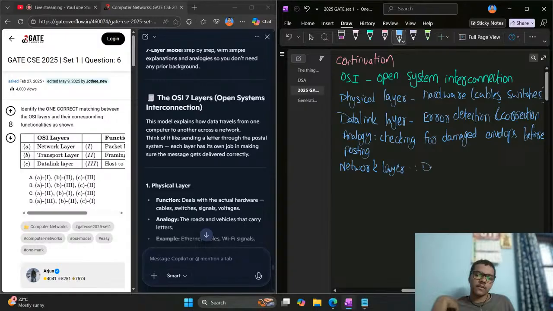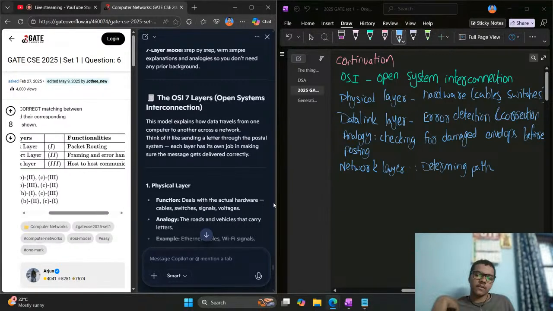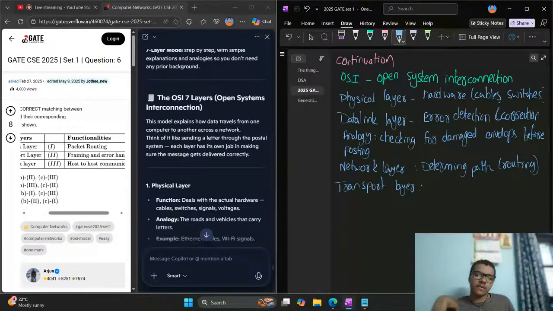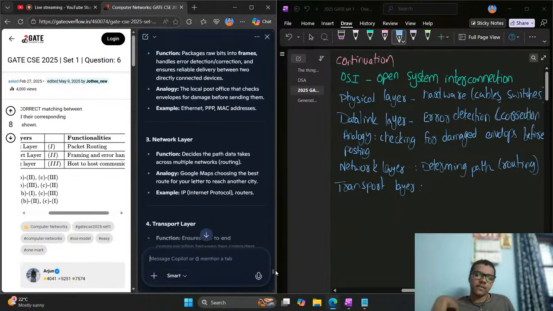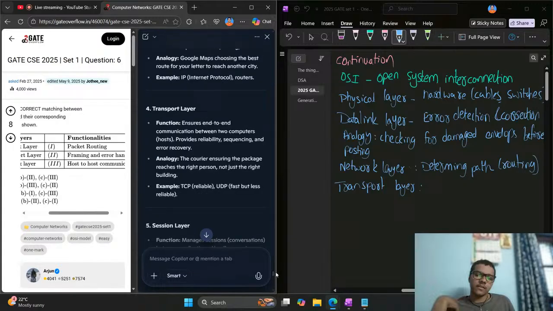Data finding the path. Okay. Packet routing. That's routing. And then transport layer: end-to-end communication.